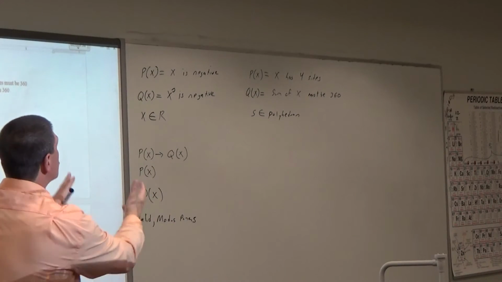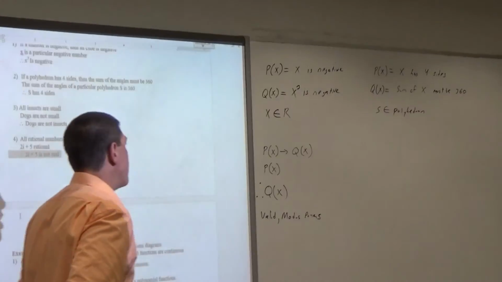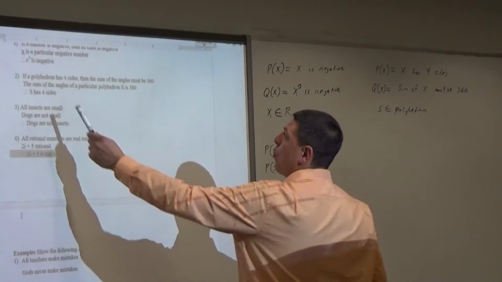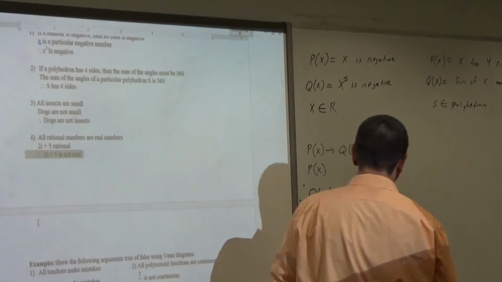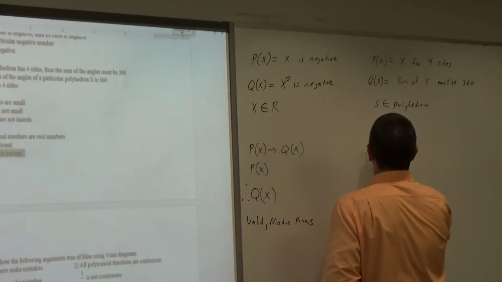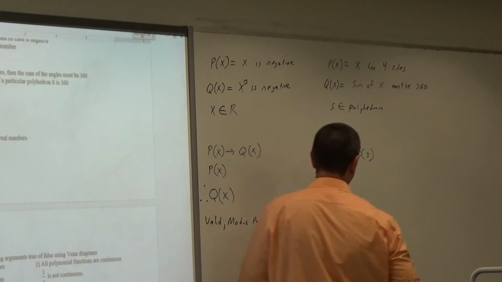And now we can start to build our universal modus ponens or Tollens, or see if it's an error. So at this point, guys, we can go ahead and finish this off. If a particular polyhedron has 4 sides, then the sum of the angles must be 360. Guys, wouldn't we agree that that would be P of S implies Q of S, right guys?